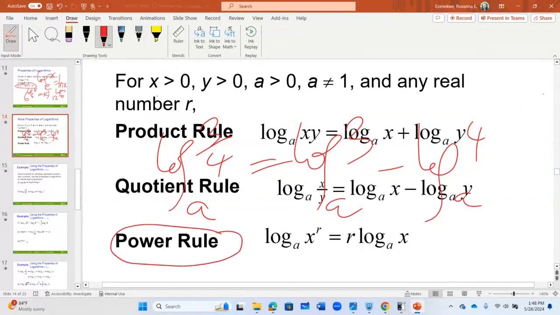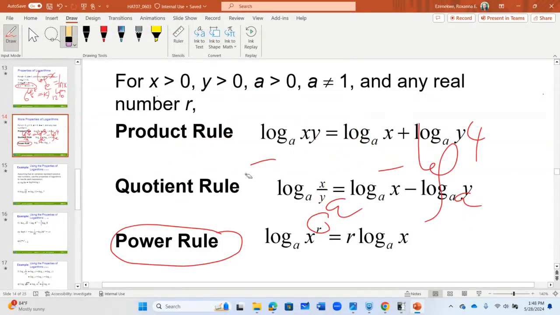The power rule in logarithm says that an exponent can be a coefficient.